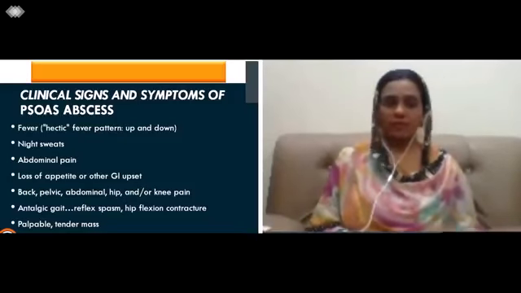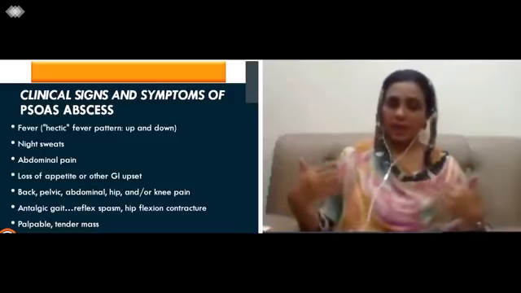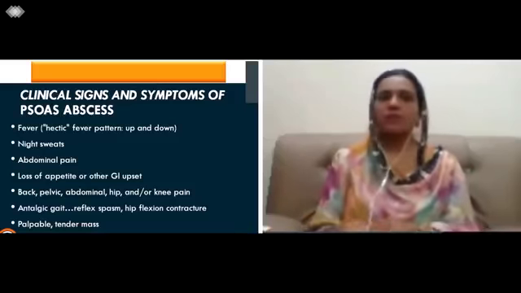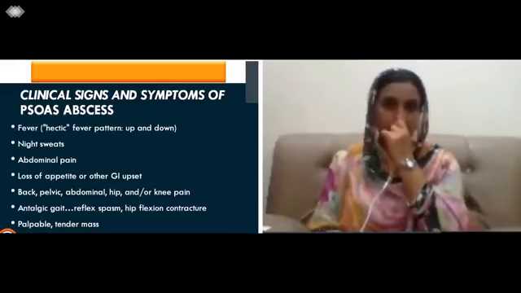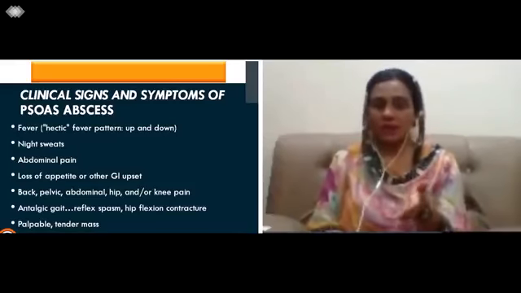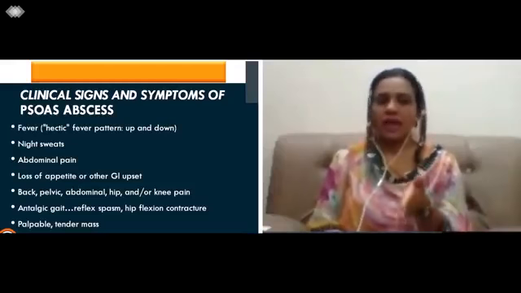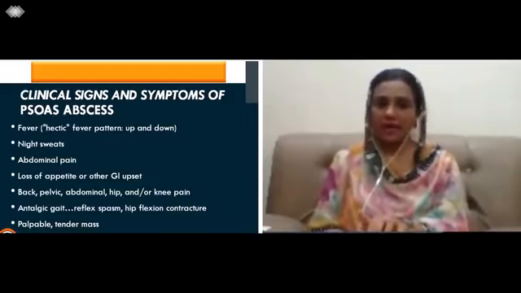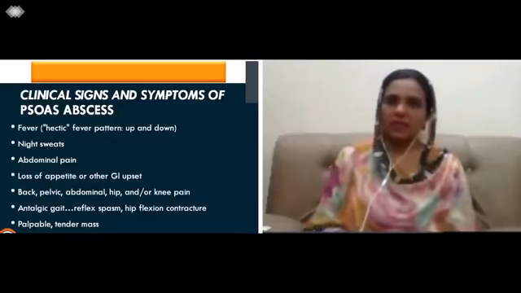Then the patient will have pain. We have already discussed that back pain, pelvic pain, abdominal pain, hip pain, even the popliteal fossa can be involved. And obviously, if the psoas muscle is involved, the patient will have antalgic gait. Antalgic gait is a gait due to pain, where the pattern of gait is changed.